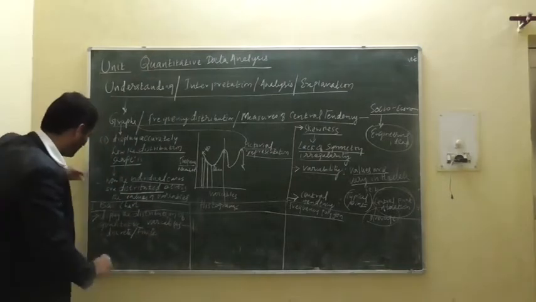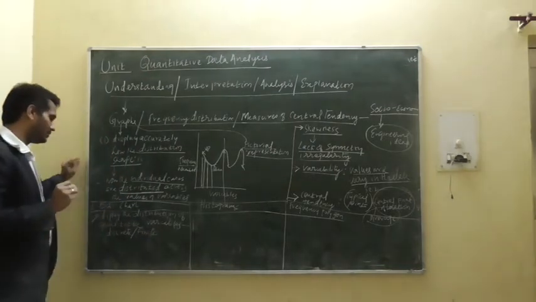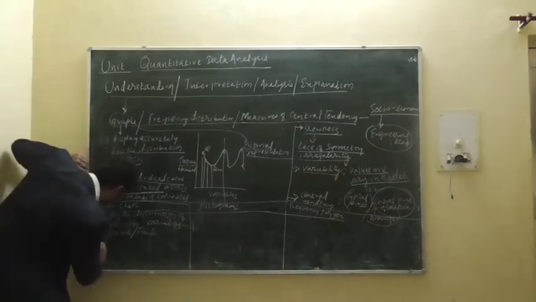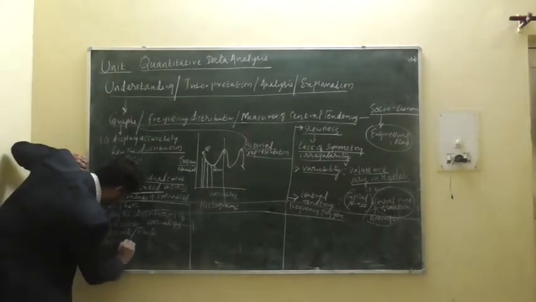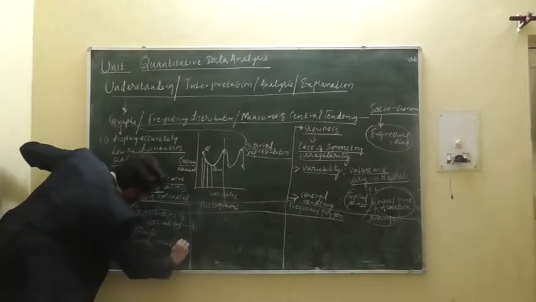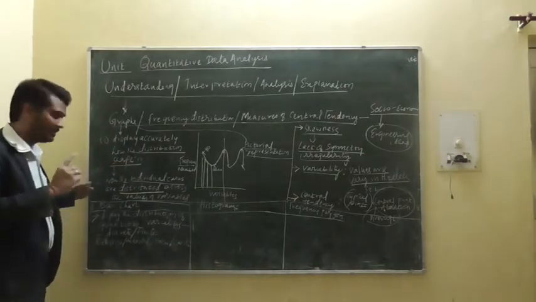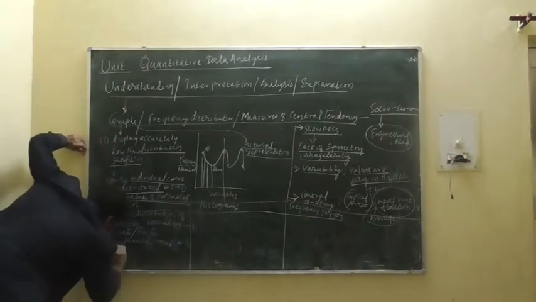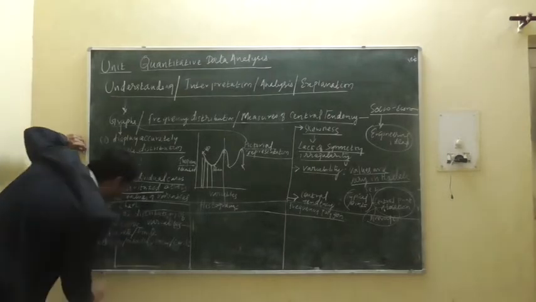A very good example of a qualitative variable is religion, or marital status, or caste. The bar chart simply looks like this, where each bar is placed separately.